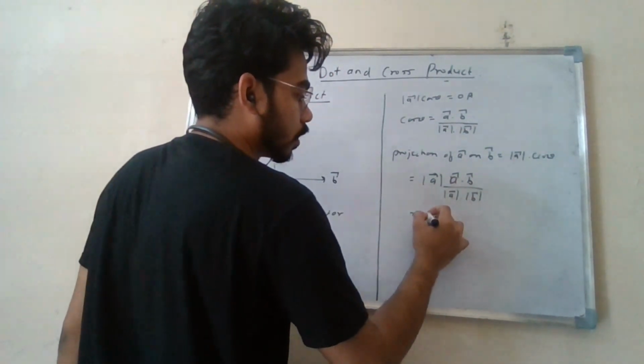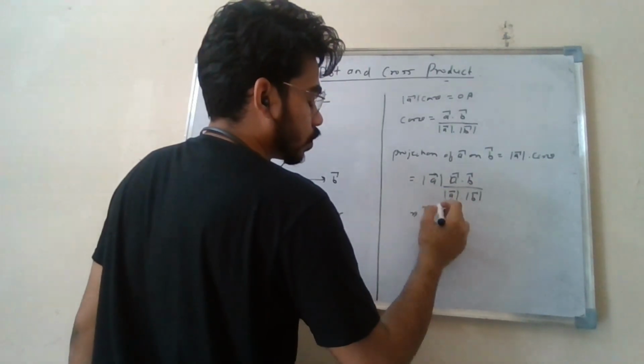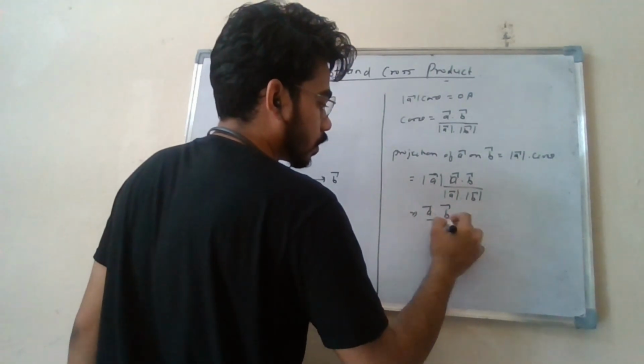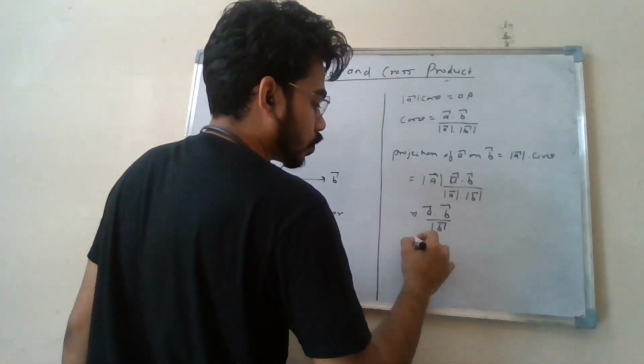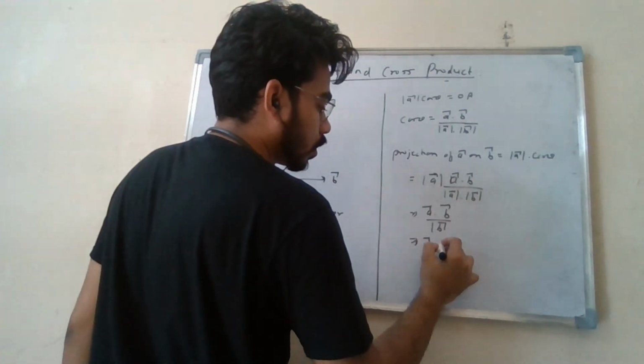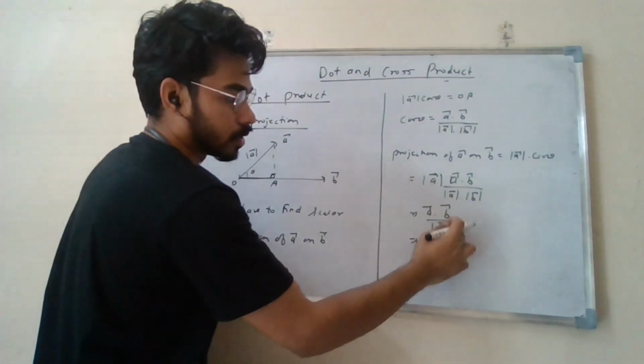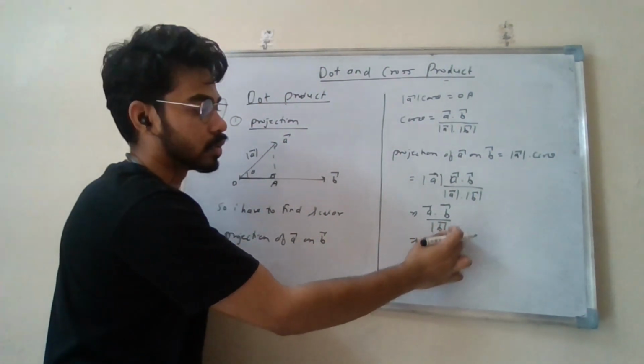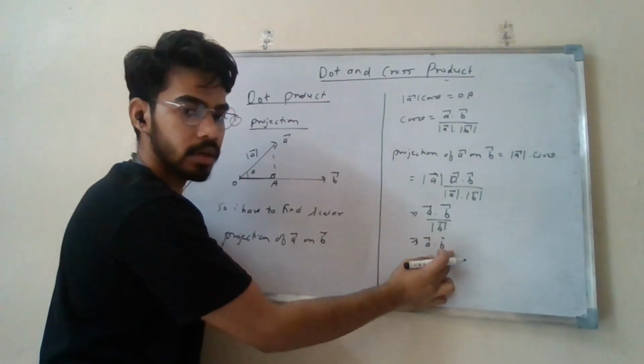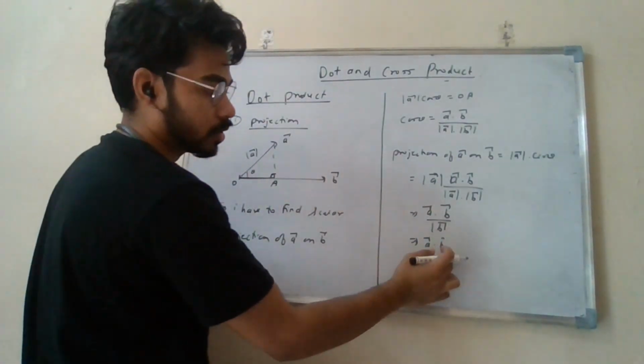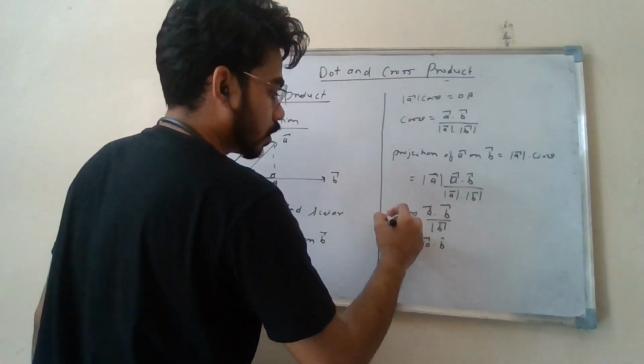So mod of A gets cancelled, and we will get A vector dot B vector by mod B vector, or you can write it as A vector dot B cap. B vector divided by its mod means we get the unit vector along the B direction. Okay, so you can write in this way also. So this is my projection.